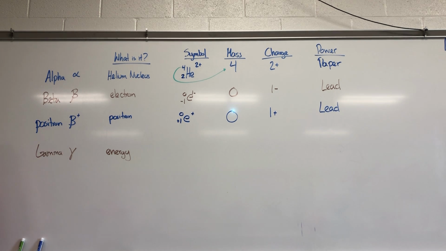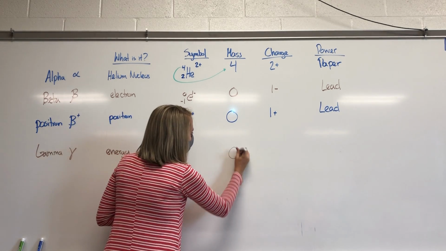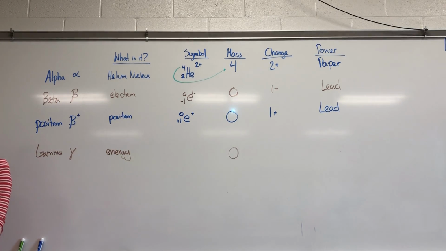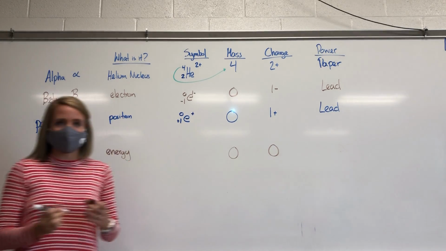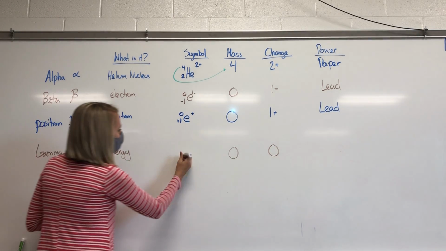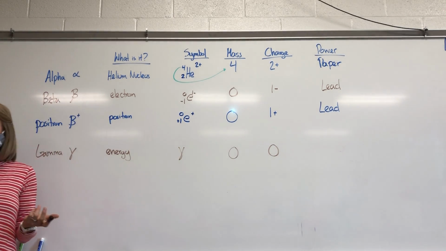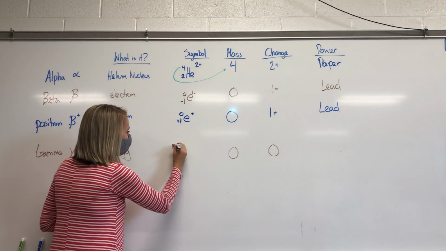So let's come back to the symbol and skip to mass. If it's pure energy, does it have mass? Nope. Right, because energy doesn't classify as matter, and so it doesn't have mass, right? Has no mass. Has no charge, so its symbol looks like this. We actually keep the Greek symbol, and then it's just 0, 0.